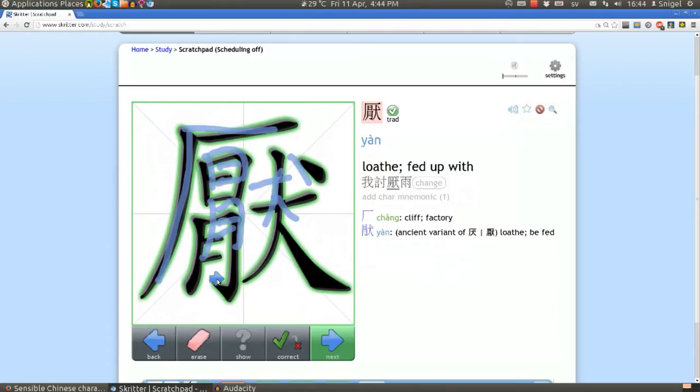You can imagine what would have happened if we wrote this on paper, because paper doesn't care when you're finished or not. It's just there. And if you had forgotten to write the tool, or if you had added it by mistake, it's just there and it would be an obvious mistake. Whereas in Skritter, you get prompted or not prompted to keep on writing.